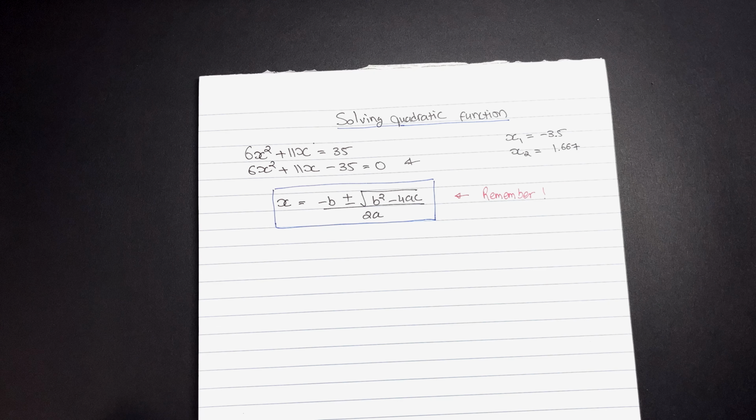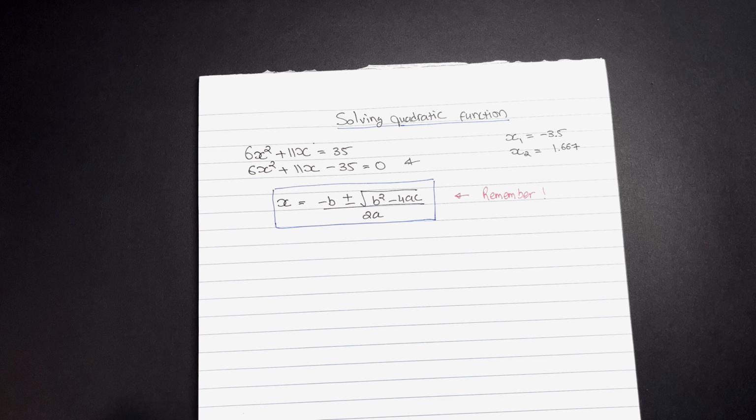One thing we want to remember is this negative here. This is important. Our a is equal to 6, b is equal to 11, and c is equal to negative 35. It's not positive 35, it's negative because of the minus sign here.